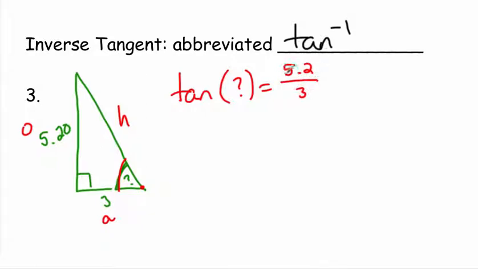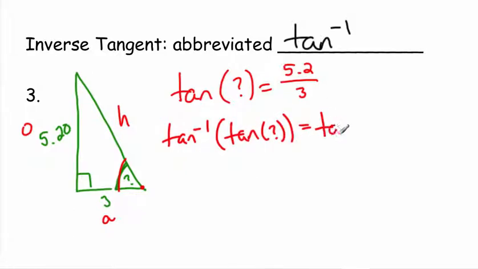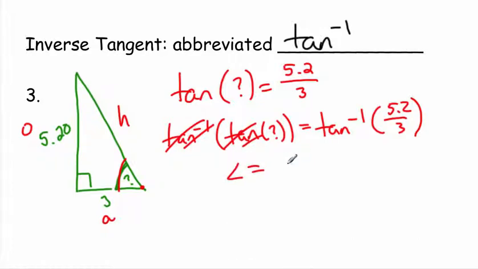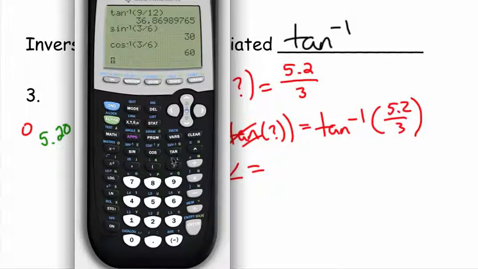If you remember correctly, this better be 60 degrees, but since we rounded this, we're going to get close to 60. So don't expect a perfect 60 when we get there. I'll take the inverse tangent of both sides. This tangent cancels this one out, and so my angle is going to be inverse tangent of 5.2 divided by 3.